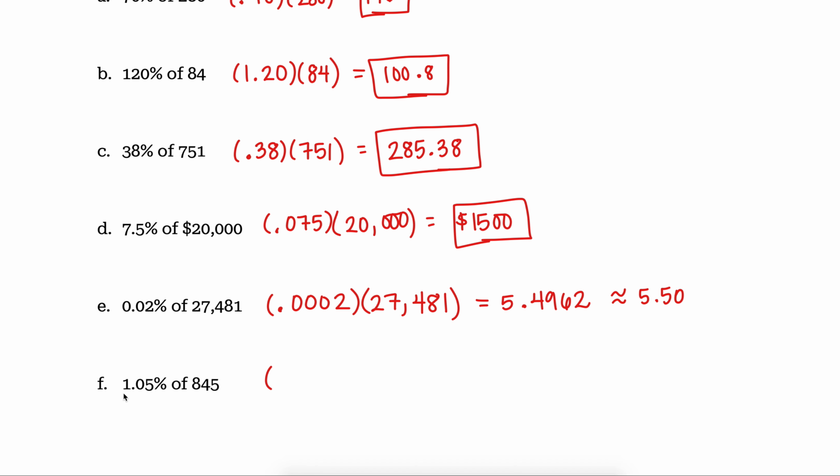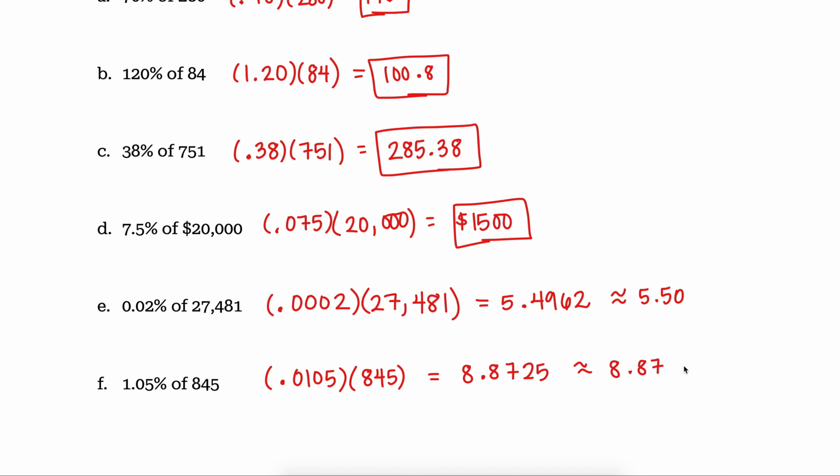Move that decimal point 2 places to the left. So that's going to be 0.0105 times 845. When you multiply, you're going to end up with 8.8725. And again, if you were to round this to 2 decimal places, that would be approximately 8.87.